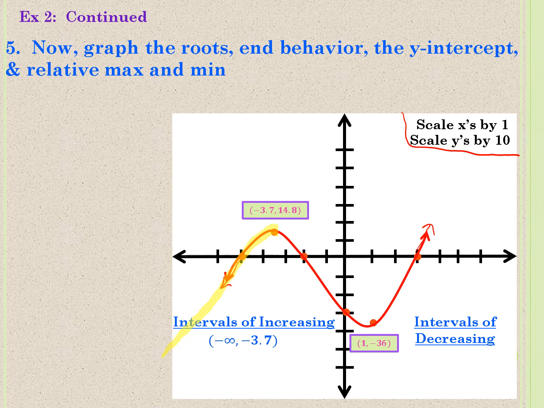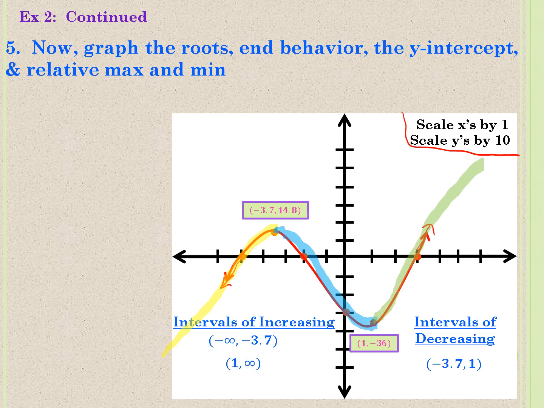Then at my relative max, my roller coaster is going up, so it's got to go down. So it's decreasing, decreasing, decreasing. So from negative 3.7 to 1, I'm decreasing. Now, at 1, I'm going to start climbing again. So increasing, increasing, increasing, and I'm just going to keep going.